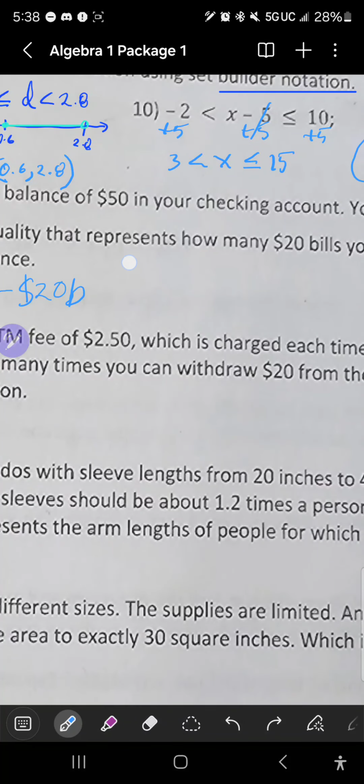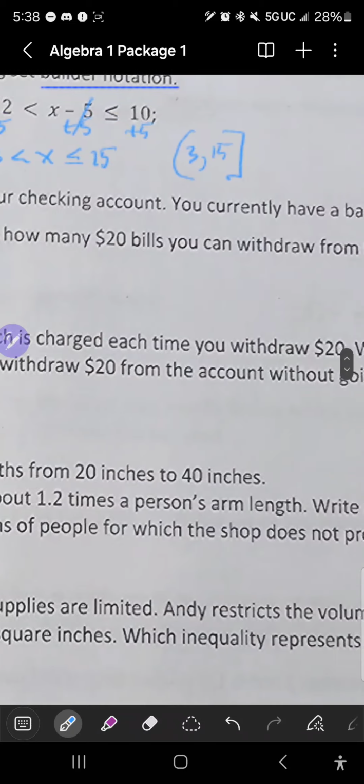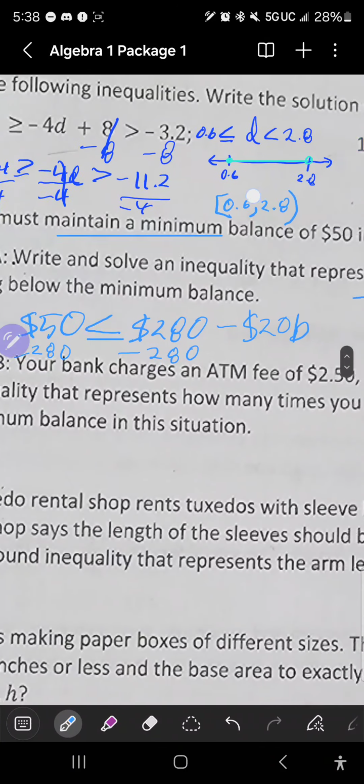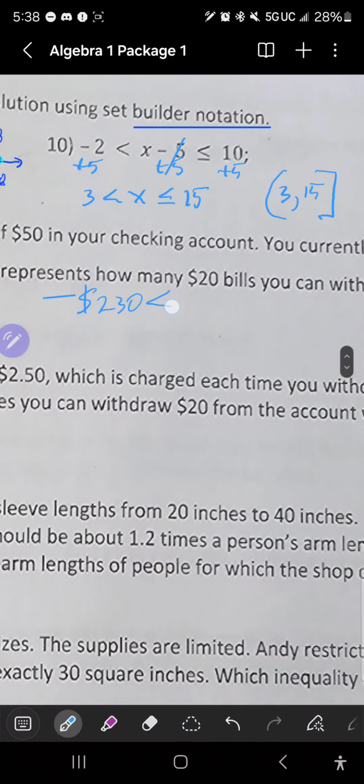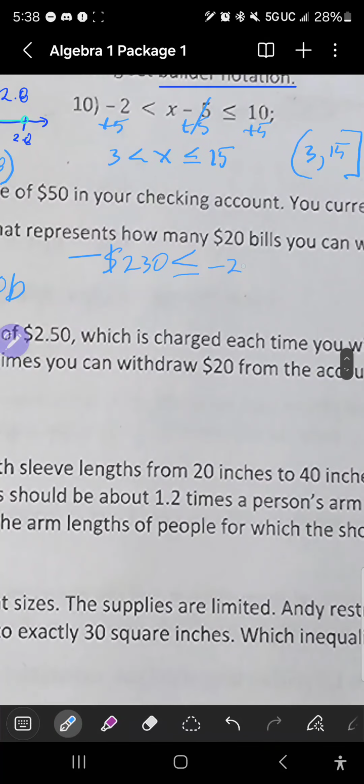And we subtract 50 from 280, which is 230. So this is minus $230, less than or equal to negative $20 b.